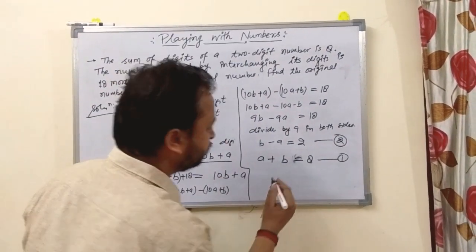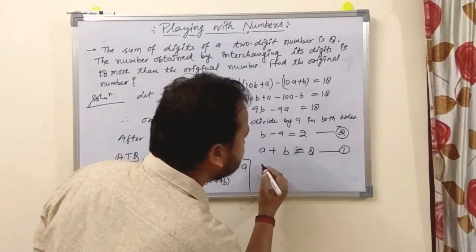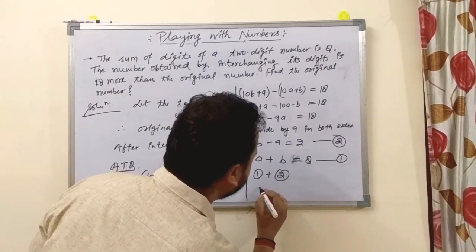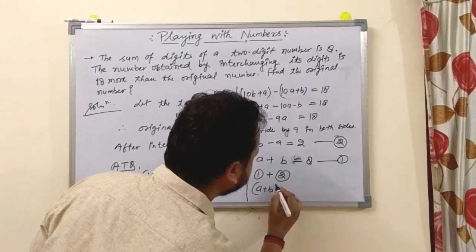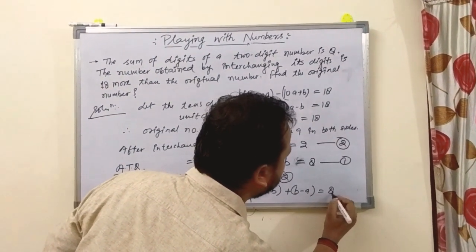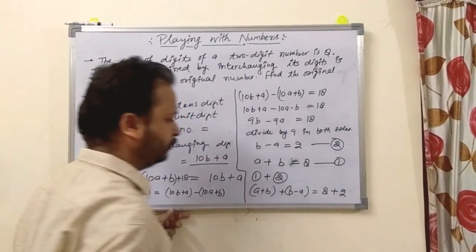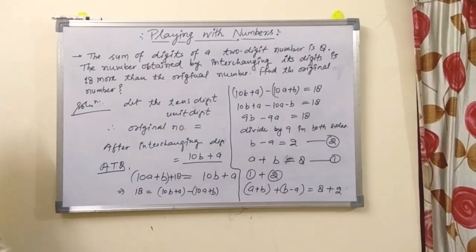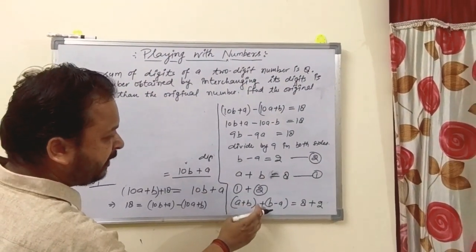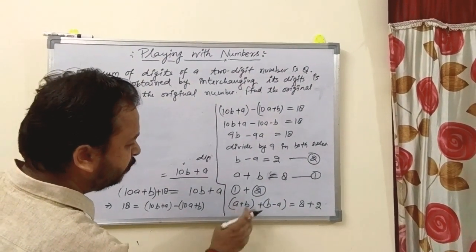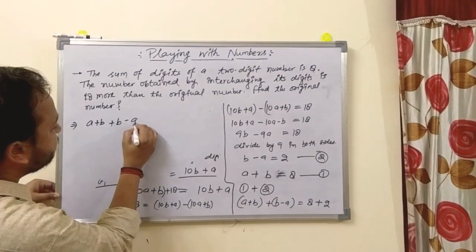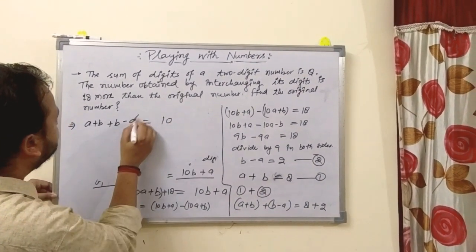Add equation 1 plus 2. What will you get? A plus B plus B minus A equals 8 plus 2, right? So open the bracket, A plus B plus B minus A equals 10.